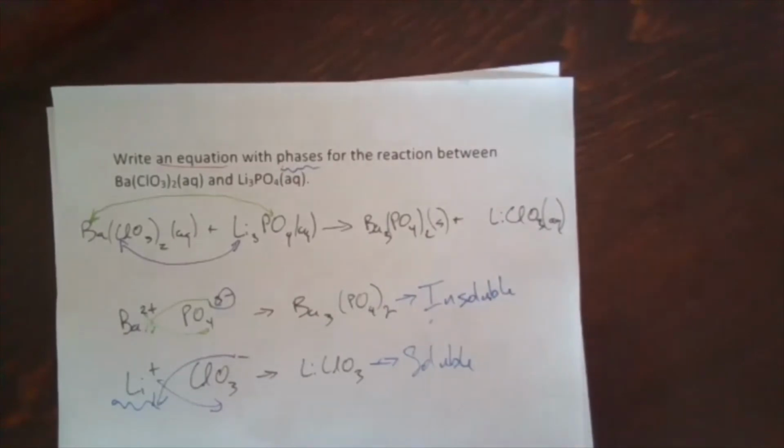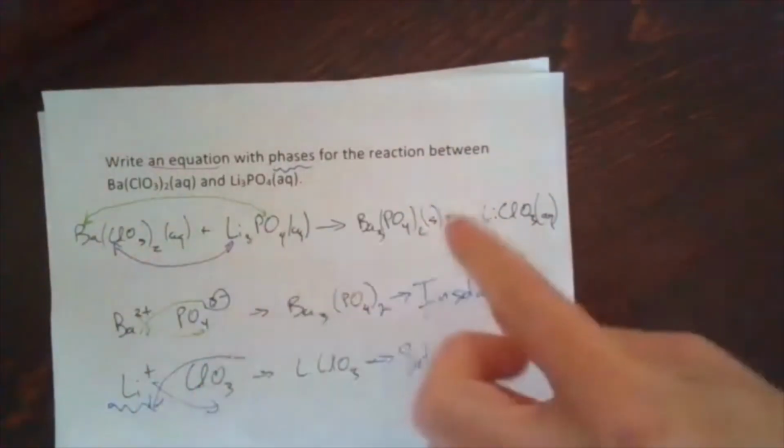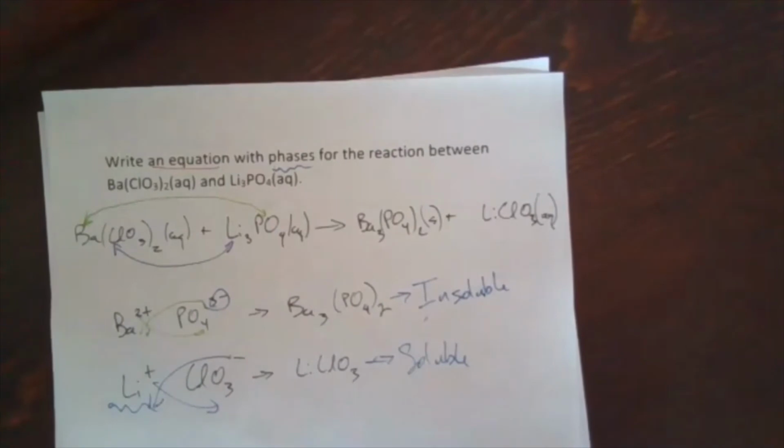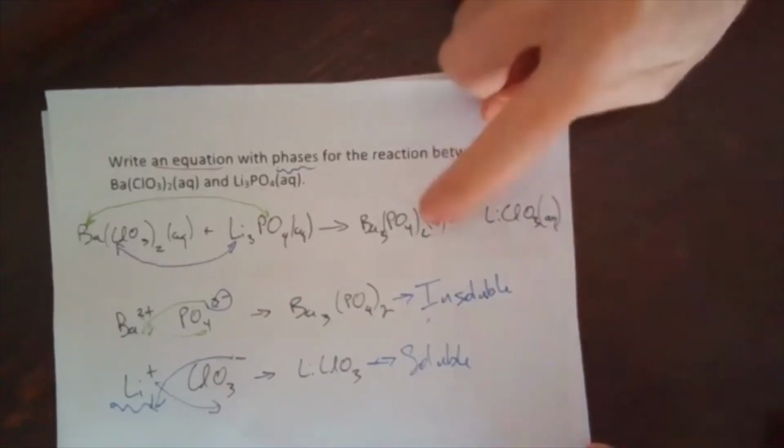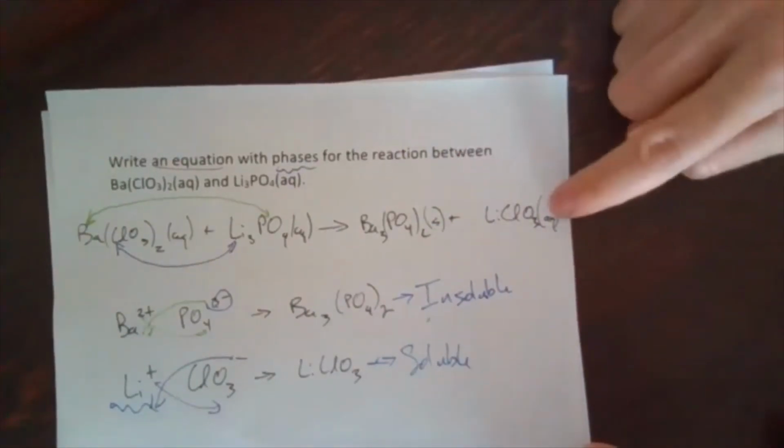But if you are looking at a reaction, ionic plus ionic, you should always expect at least one of your products will be solid. You can actually come up with reactions where everything is solid. You leave nothing dissolved. That's less common. Normally we'd expect to get one solid product and one aqueous product.